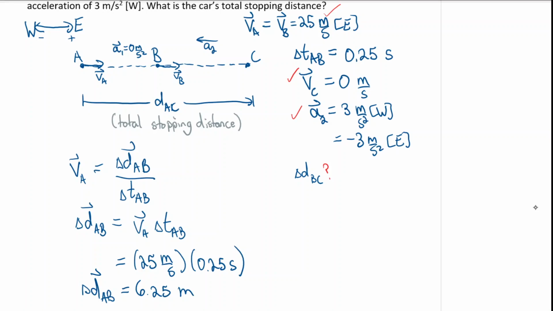The one that you'll need to use is this one. This is actually going to be VC, so it's V final squared equals your initial velocity squared plus 2 times your acceleration, this is acceleration 2, times your displacement.